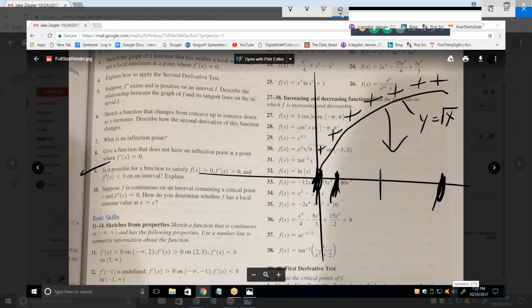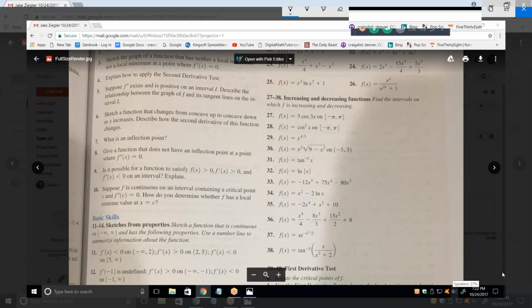All right, number 10. Again, the cubic function. It's a pretty good function to use when you're talking about first derivatives that are 0 that don't represent extrema.